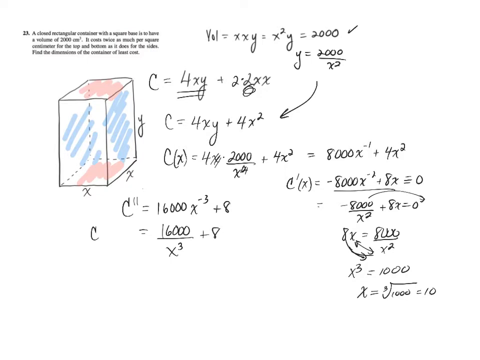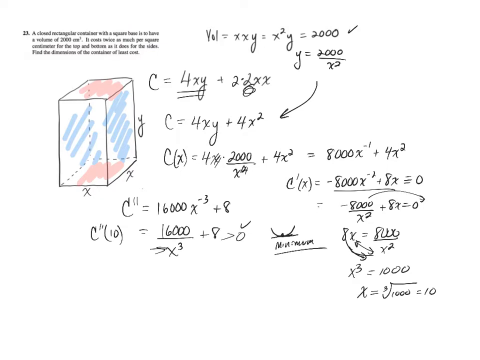And if you see c double prime evaluated at 10, although we don't know exactly what it is, actually it wouldn't be too hard to figure out. It's clearly going to be greater than 0. You put a positive number in there, it's going to be positive. So that means our function is both concave up, because the second derivative is positive, and has a 0 slope. So that's going to represent a minimum, which is what we were looking for.